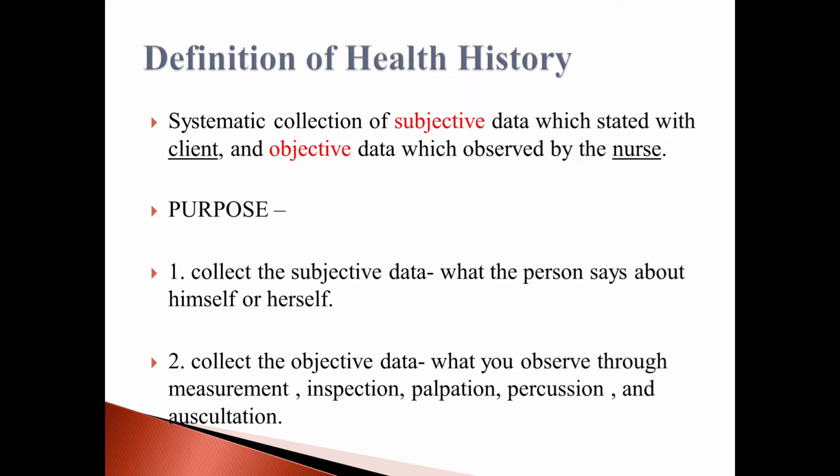So what are the purposes of health history? Collect the subjective data, that is what the person says about himself or herself. Collect the objective data, what you observe through measurement, inspection and palpation. What is palpation?